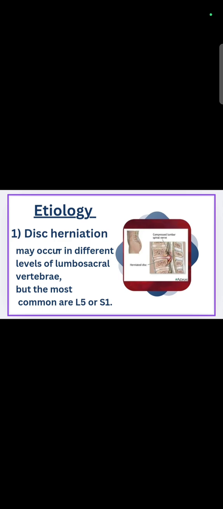So the bulging of the disc means disc herniation. Generally, the cause of sciatica is the disc herniation of the lumbosacral vertebrae.